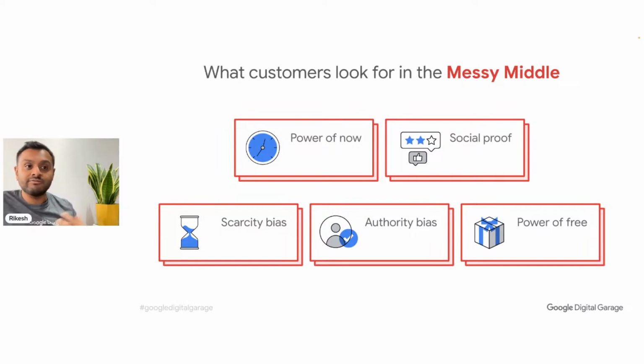Then if that influencer really genuinely likes that product, they can recommend it to the community that they've built and developed on places like social media, and that can have that authority bias for somebody making the jump from being on the fence about buying this product to actually going ahead and buying it as well. And then you've also got the power of free.